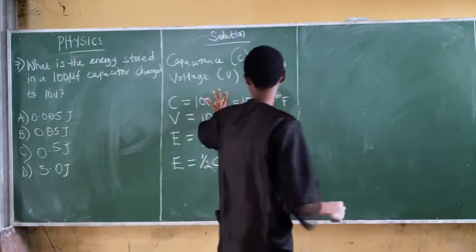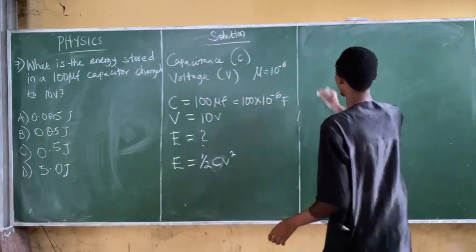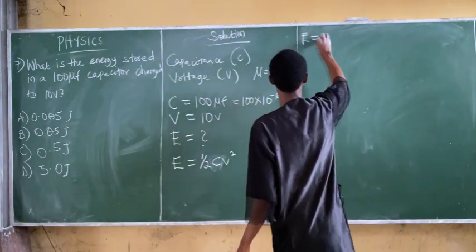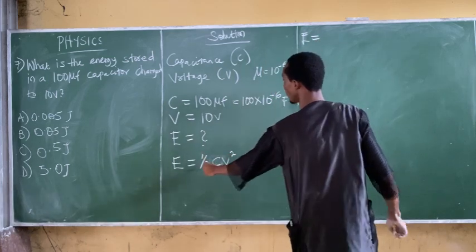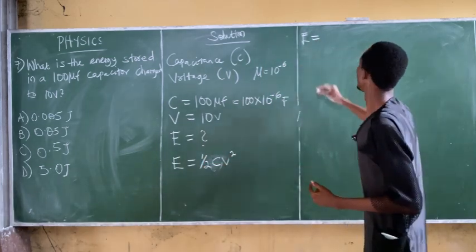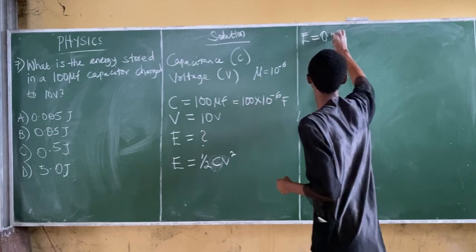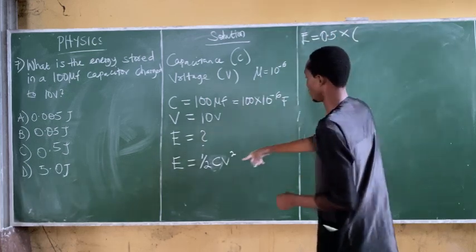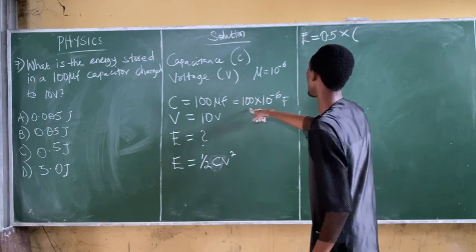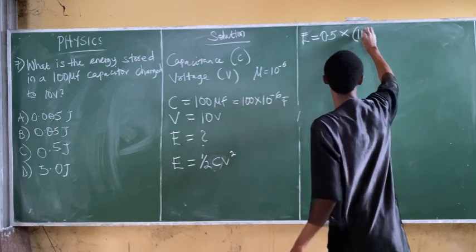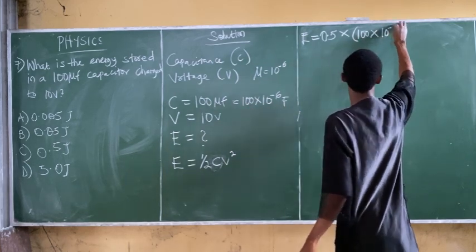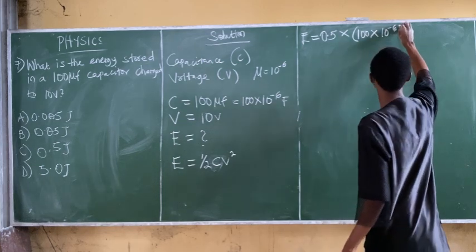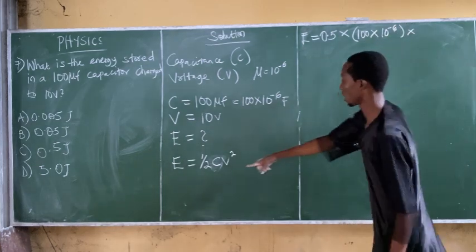If we substitute these values into this equation, we have E is equal to 1 over 2, which is the same thing as 0.5, times C. The value for C is 100 times 10 raised to the power minus 6, times V squared.